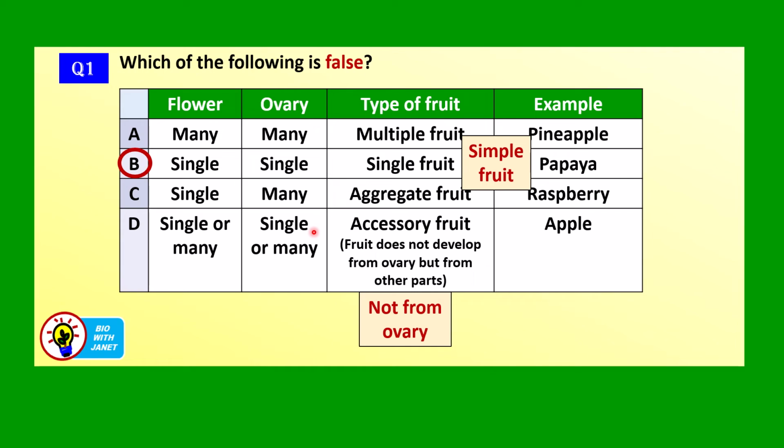So the ovary may be a single ovary in a single flower, or many ovaries in a single flower, or many flowers. It doesn't matter. The important thing is that the fruit does not develop from the ovary but from other parts of the plant. The example is apple. This is correct. So the answer is B.